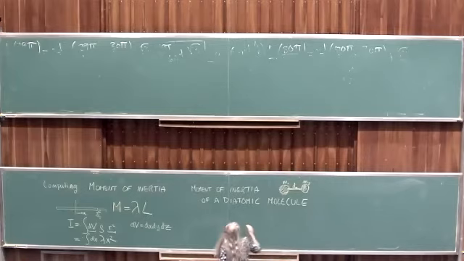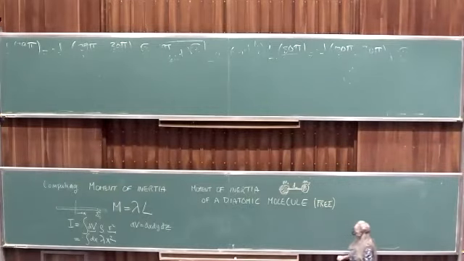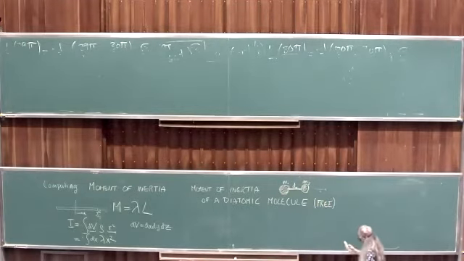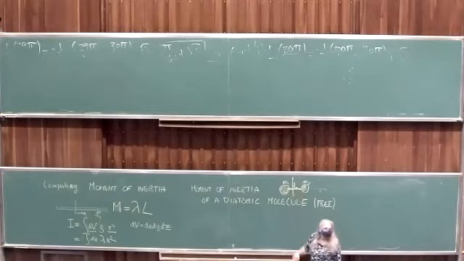So let's make sure we make it free. Actually, this has an axis of symmetry. Let's call this direction x. Then I'll put the rotation axis here at the center of mass, but that can either be y or z.